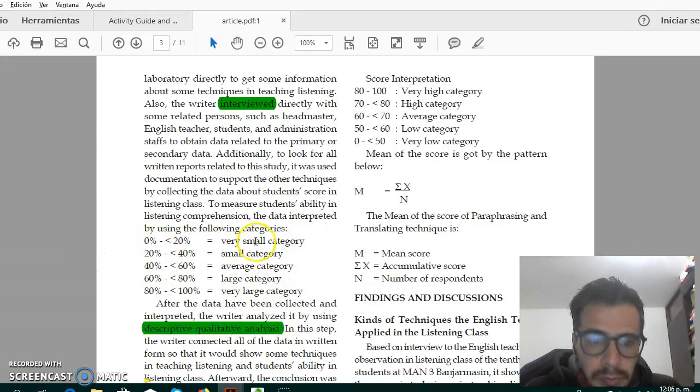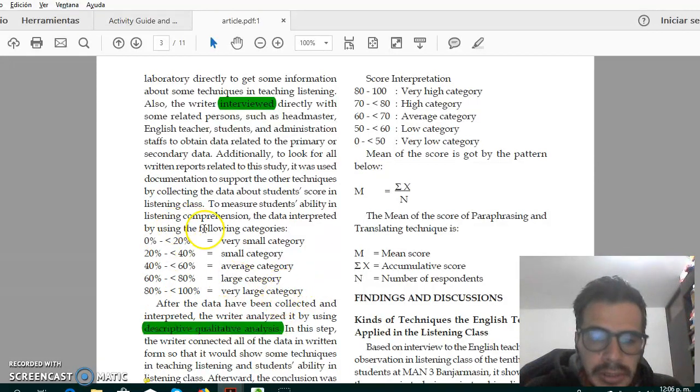The first is the very small category, from 0% until 20%. A small category, 20% until 40%. Average category, 40% until 60%. Large category, 60% until 80%, and 80% until 100% is the very large category.